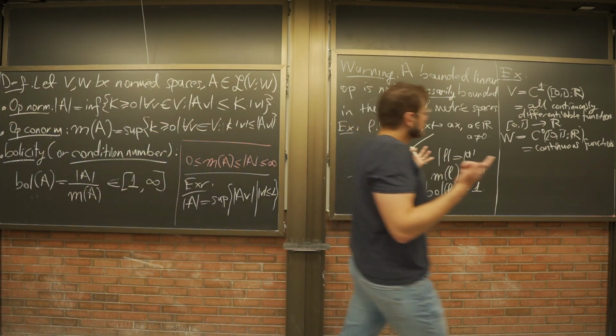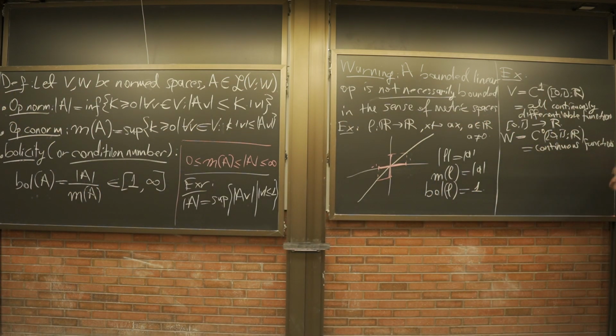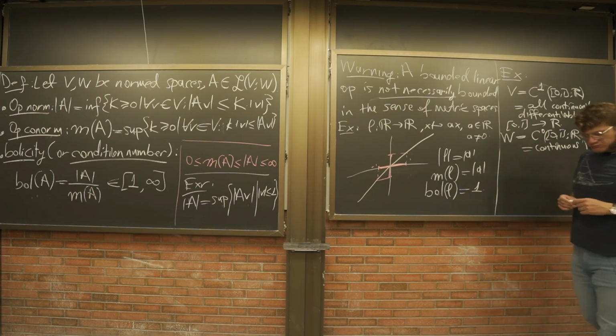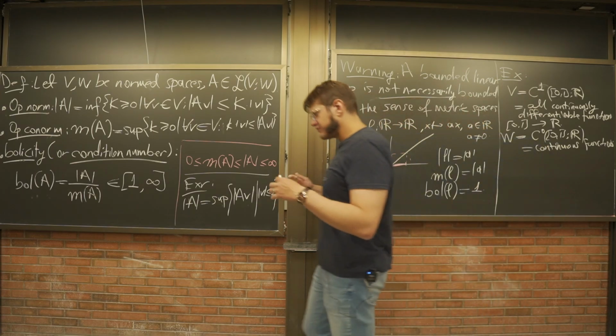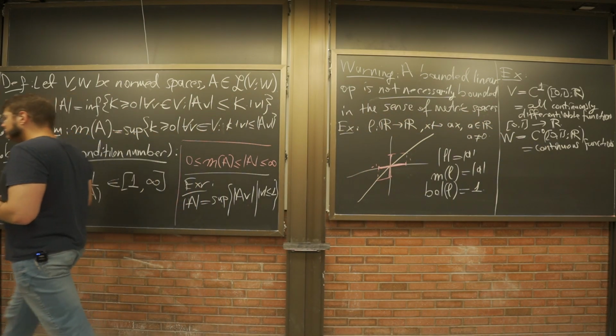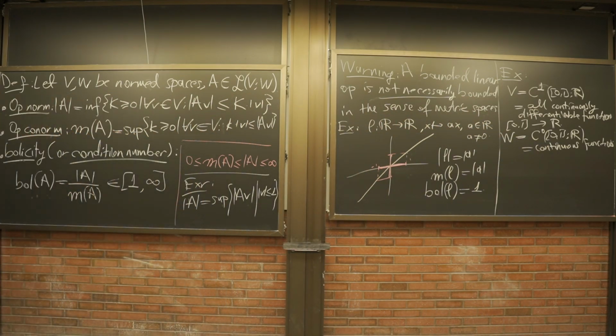But to do this, I cannot just leave these as they are. I need to define some sort of norm on these. So what type of a norm can I define on V or W? You have, in fact, used this norm in 3210, but maybe they didn't tell you that you were using it.